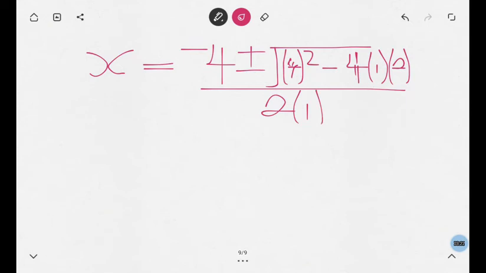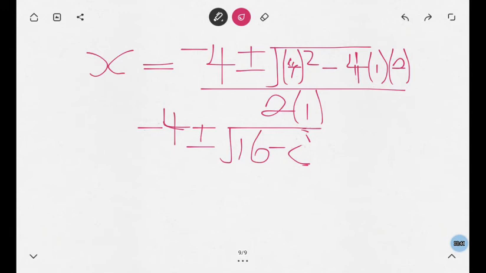So we have minus 4, okay, and then we have plus or minus the square root of 16 minus 8, and then this is over 2.